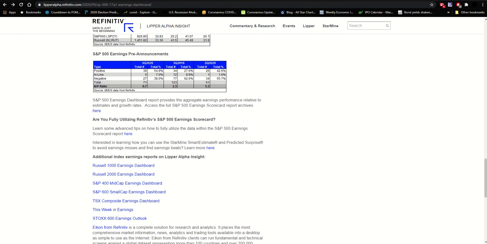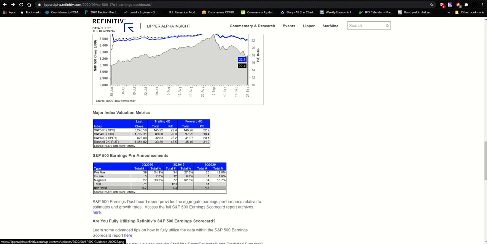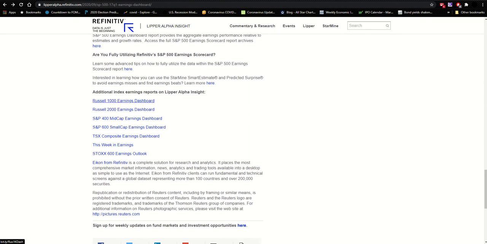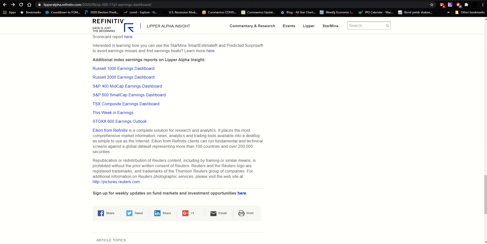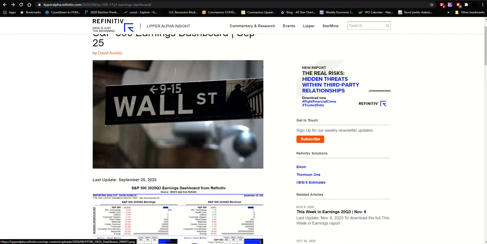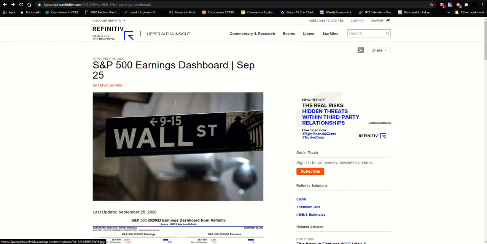And we can see this with some commentary as to what is going on or making sense of these numbers. And you can have this for the Russell 1000, 2000, mid caps, small caps, the Toronto Exchange, and even the European stocks 600. You just sign up to whichever ones you want, subscribe, and they will arrive weekly into your emails for free.